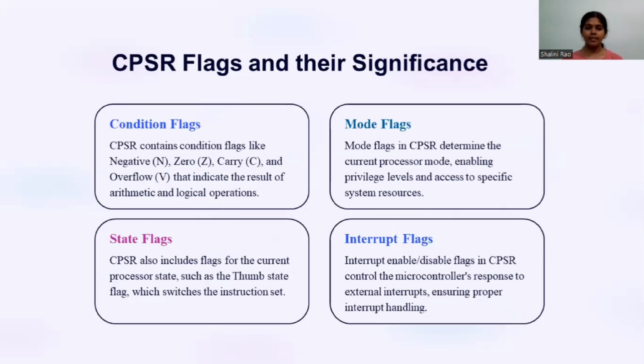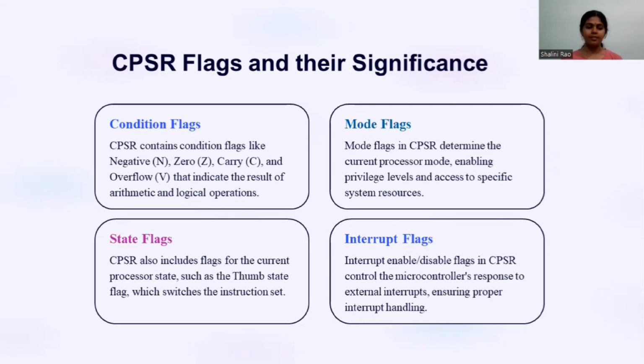CPSR flags and their significance. Condition flags. CPSR contains condition flags like negative, zero, carry, and overflow that indicate the result of arithmetic and logical operations. Mode flags. Mode flags in CPSR determine the current processor mode, enabling privilege levels and access to specific system resources.